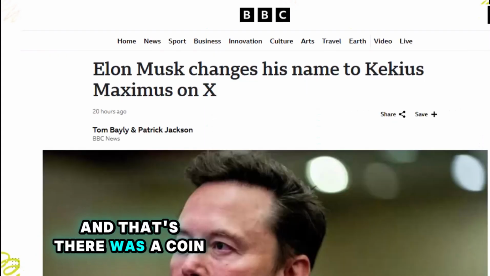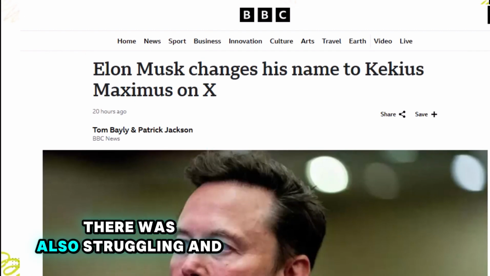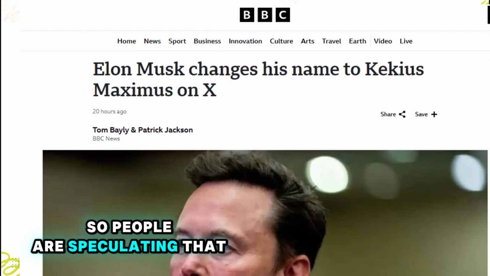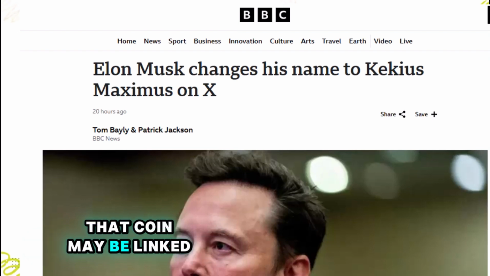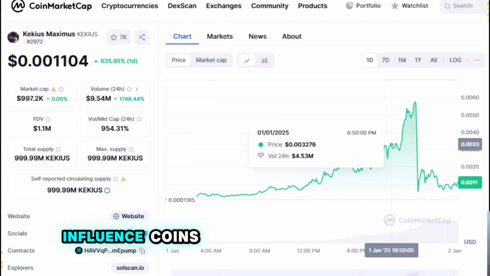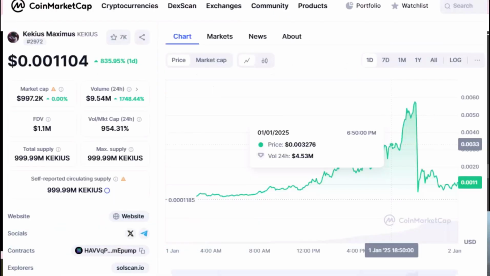And there was a coin that was also struggling, and he changed his name to that coin. So people were speculating that that coin may be linked to Elon Musk, and that skyrocketed the coin by 1,600% in one day. So you see how influencers can influence coins. So you need to follow them.